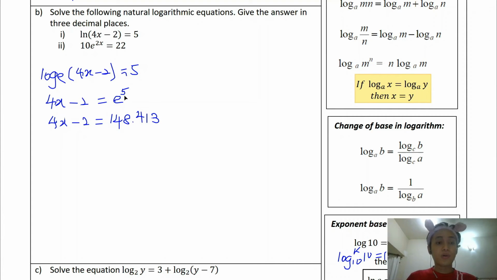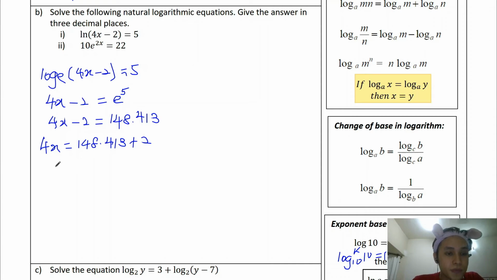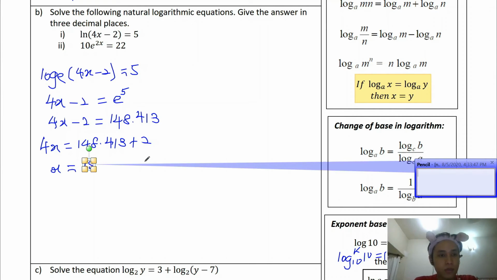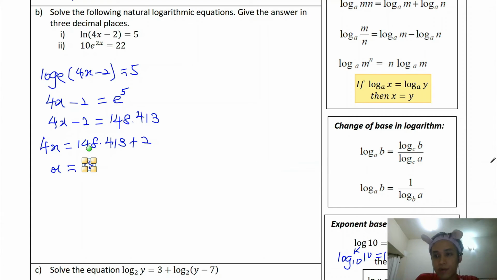Okay, e to the power of 5, and then you solve this as a normal way. Alright, so 148.413 plus 2. So this one x will be equal to, this is plus 2, right? So 150.413 divided by 4.